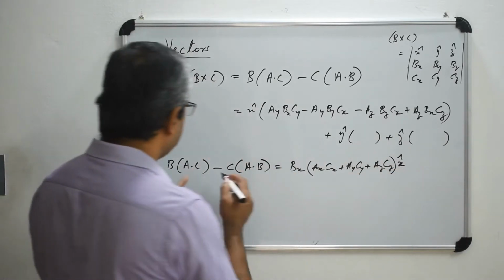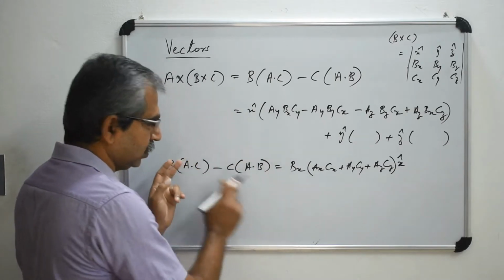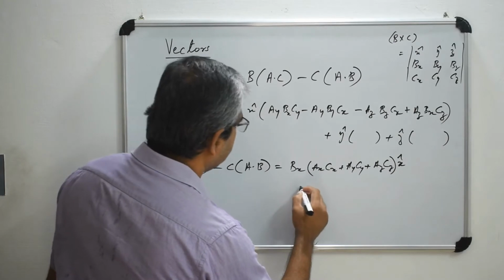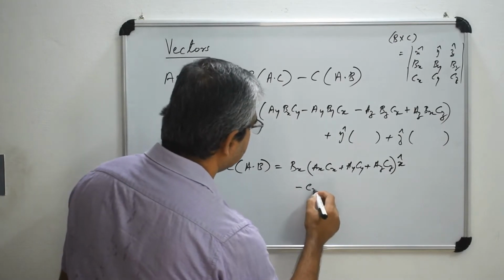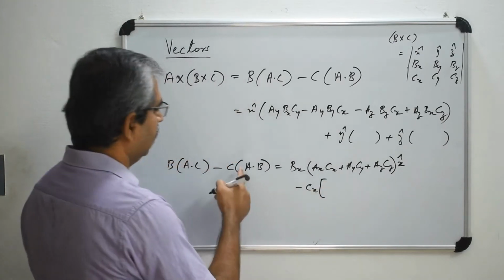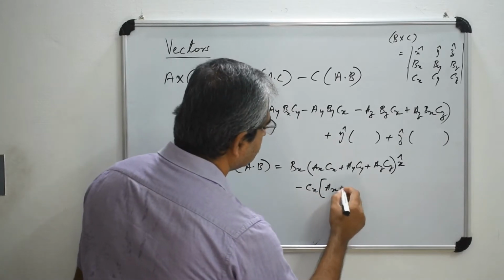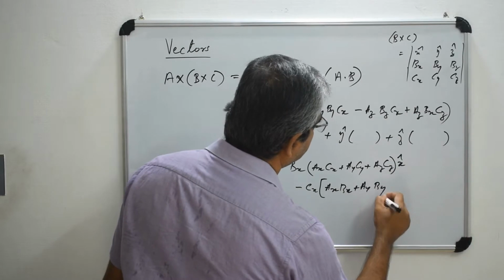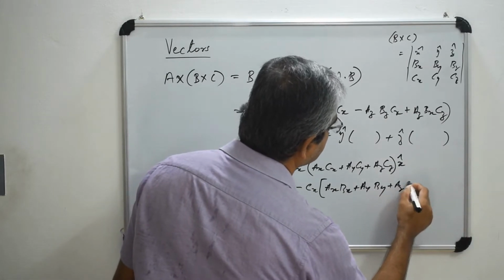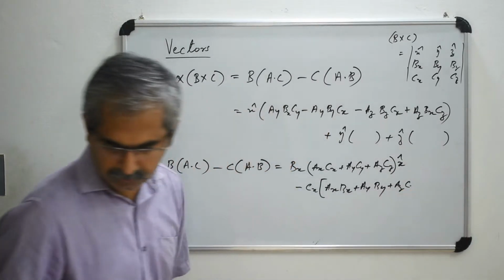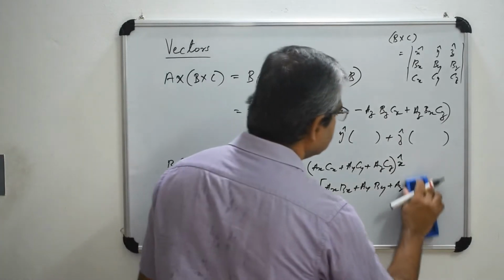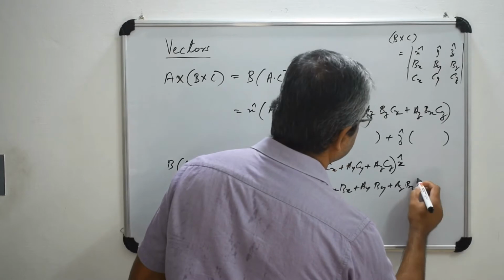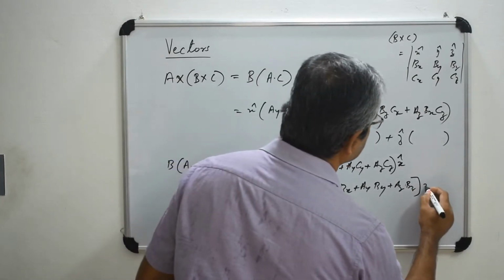Now what about the X component of this one? That is minus Cx into Ax Bx plus Ay By plus Az Bz, into X cap.